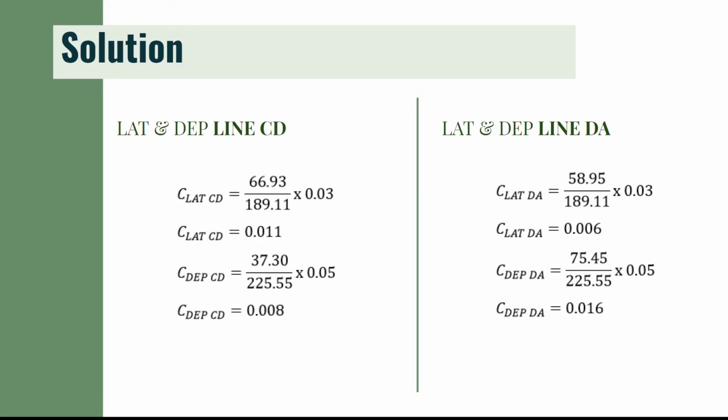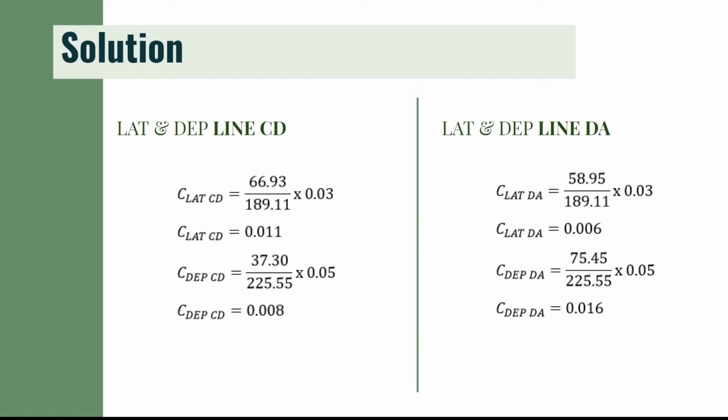Correction of latitude is equal to 66.93 over 189.11 times 0.03 is equal to 0.011. The departure of line CD. Correction of departure is equal to 37.30 over 225.55 times 0.05 is equal to 0.008.